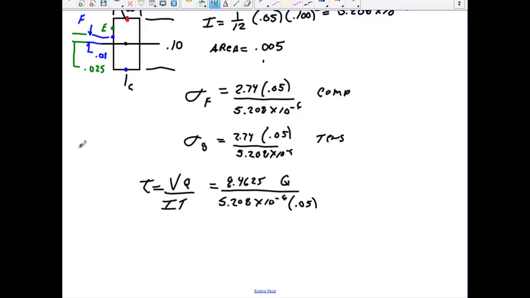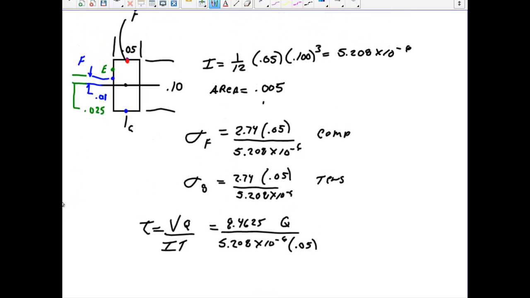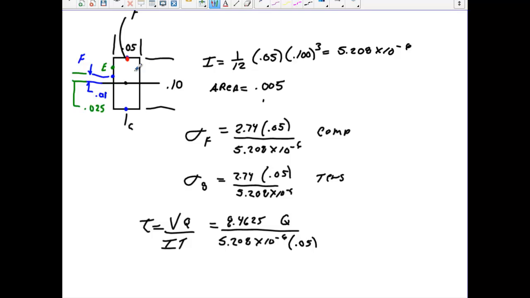Now let's talk about Q. If it says what's the maximum stress, then if this is symmetrical, you want to find this area right in here, and then multiply it by the distance from here to here.